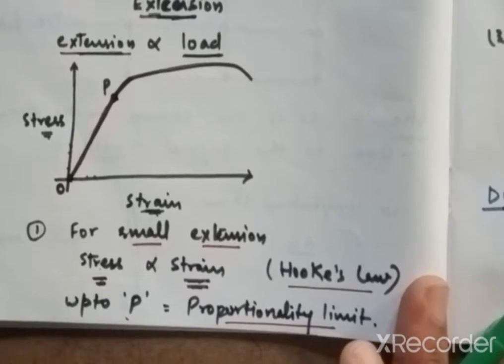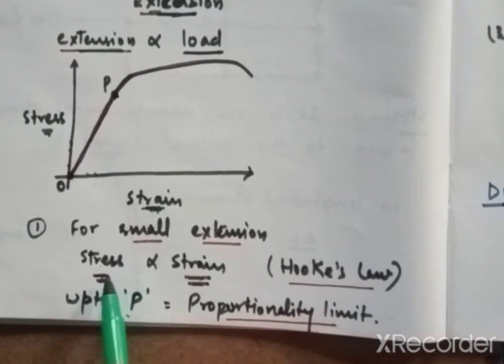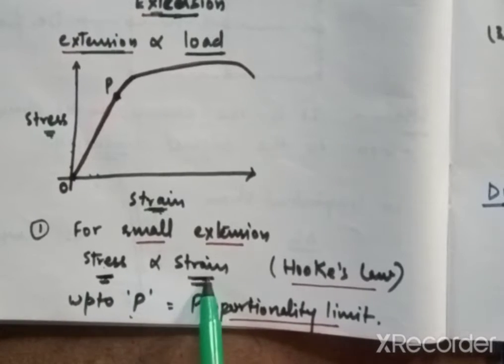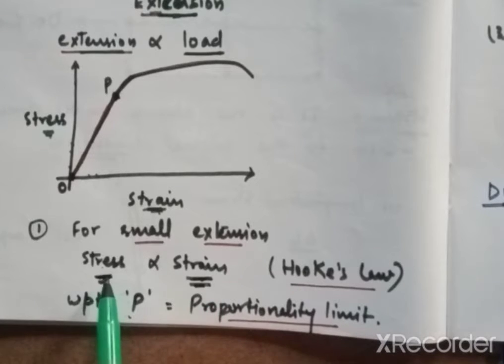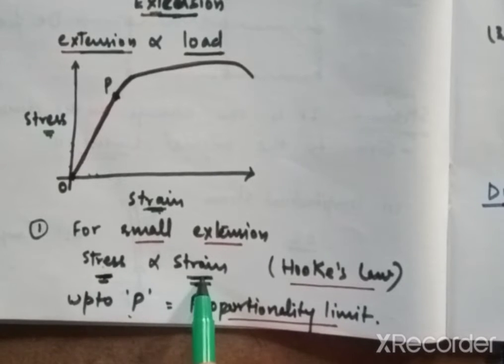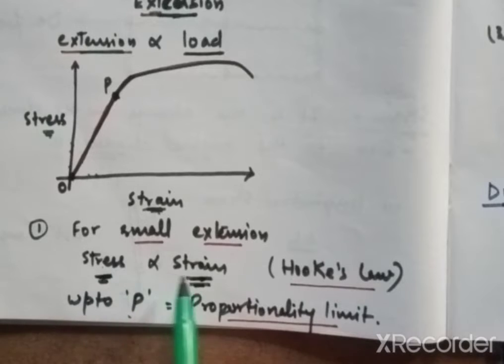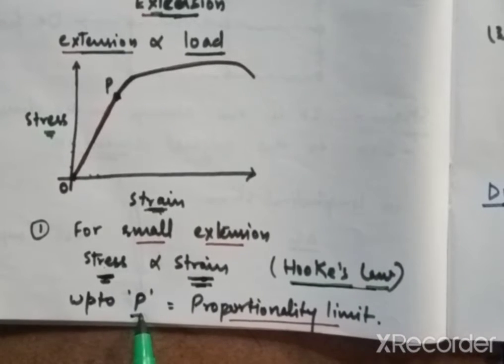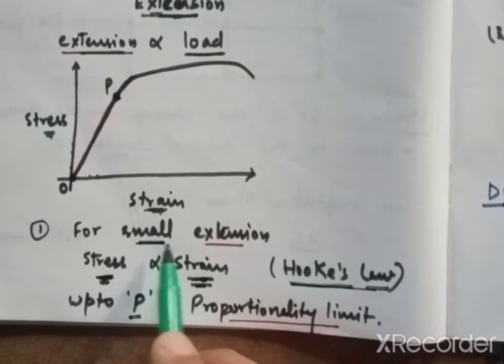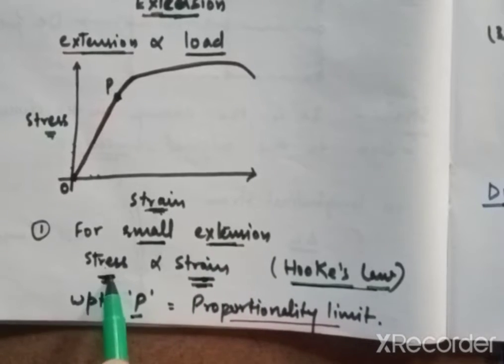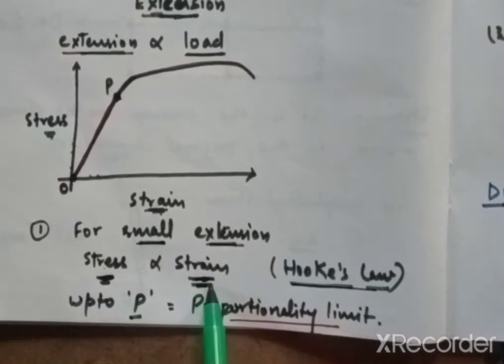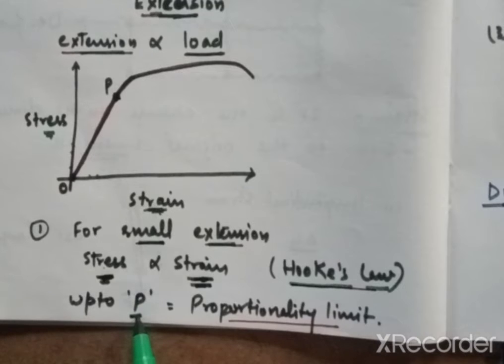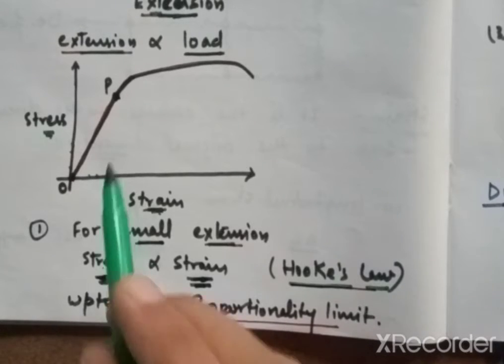So we write stress is proportional to strain, because stress depends on strain, and this is Hooke's law. Up to point P, or till there is small extension, the stress is directly proportional to strain. P point is known as the proportionality point.